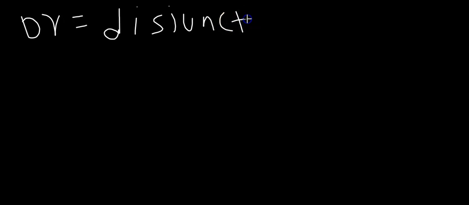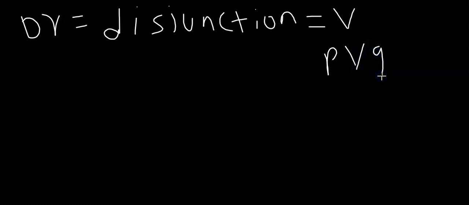So OR can also be called disjunction. Disjunction means OR, and it is symbolized as this. If it is P or Q, this is how you write it. This indicates that P or Q, or P disjunction Q. So this is how you say it.